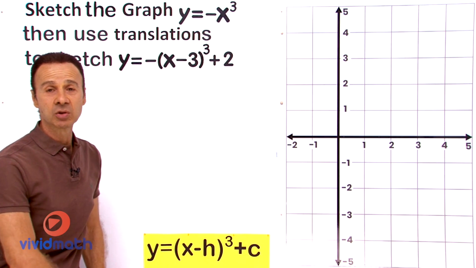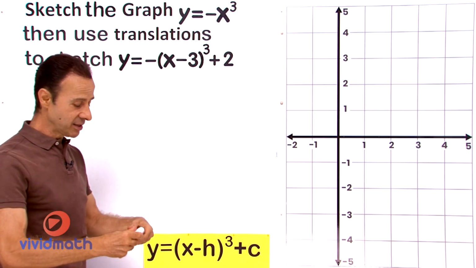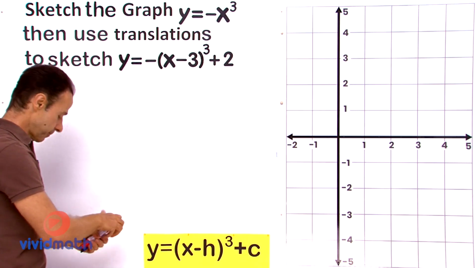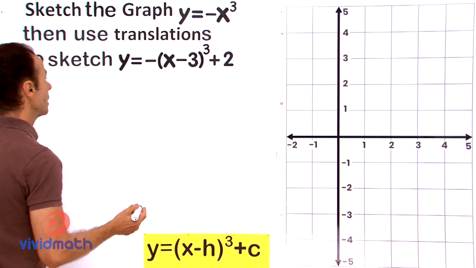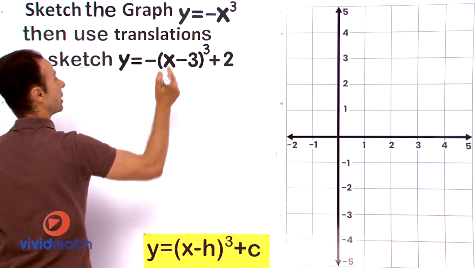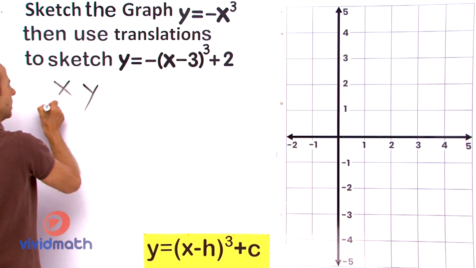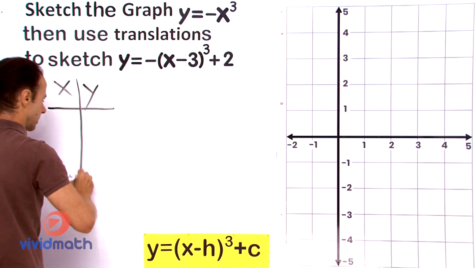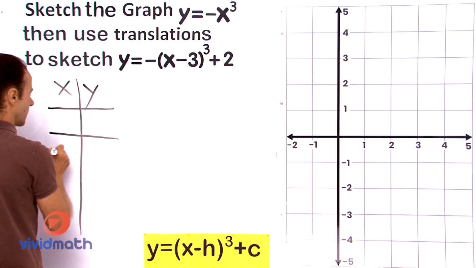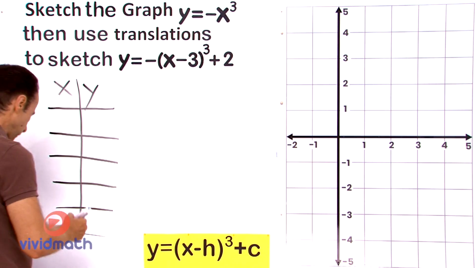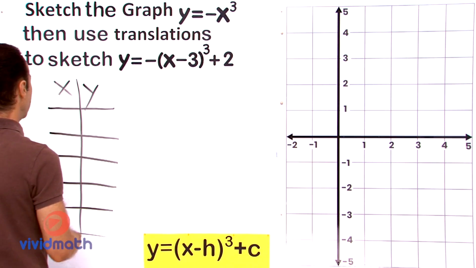Now to draw it, you can do a table of values, or as they call it, a t-table. So let's see about doing a t-table. With a t-table, we're looking at x and y. This is just for y equals negative x cubed.